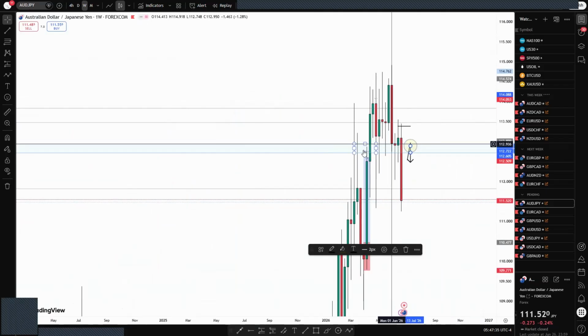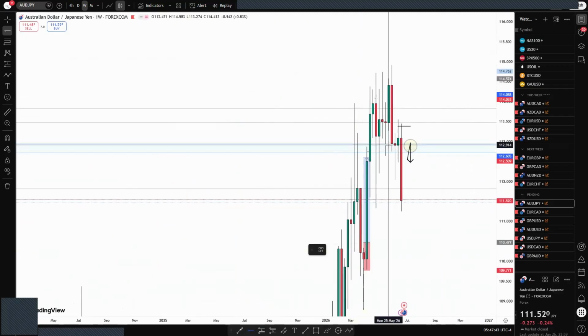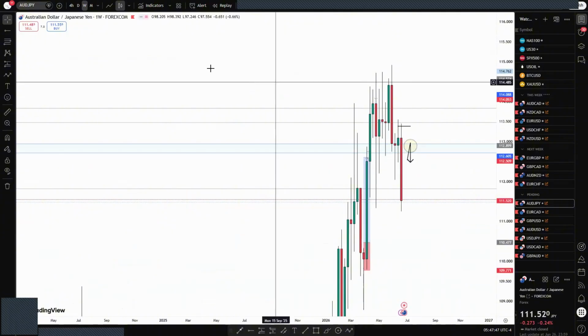The last touch where price might touch is that point there, which is within the range. So we can use that level.